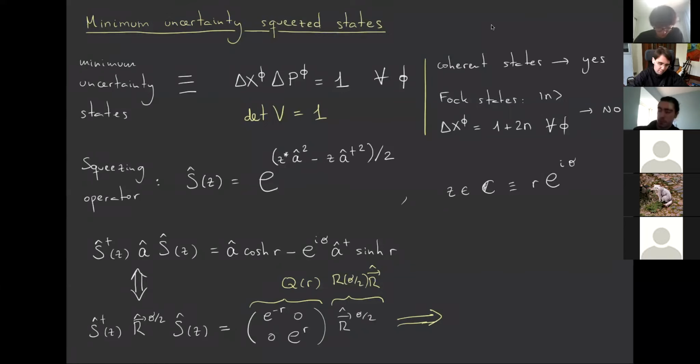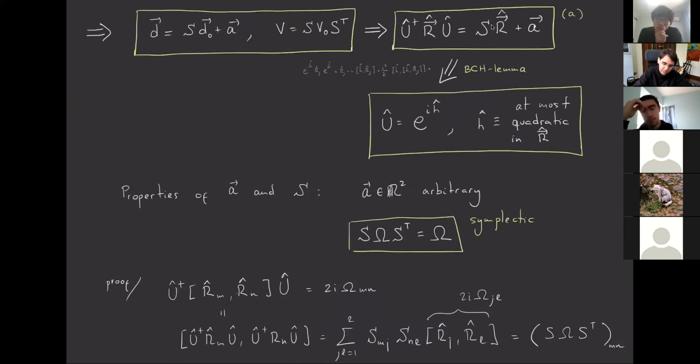I remind you very quickly that we were saying that if we have an operation that is quadratic in the quadratures, so a unitary transformation quadratic in the quadratures, this connects Gaussian states, and in particular, it defines a linear transformation that has some kind of matrix S and some vector A. So all the information about the quadratic unitary, or Gaussian unitary, is encoded into these two things: the matrix S and the displacement or the vector A.